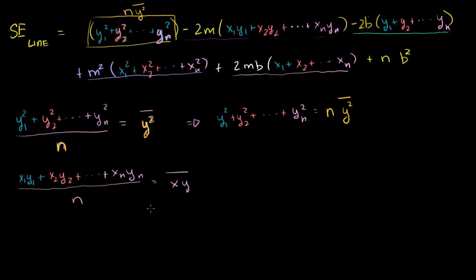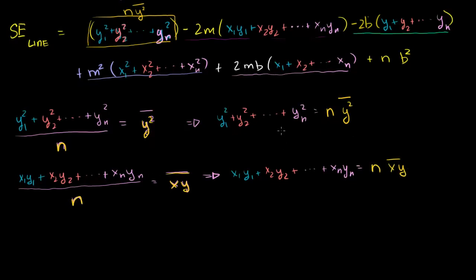That's exactly what this is. Once again, you multiply both sides of this equation by n, and you get x1 y1 plus x2 y2 plus all the way to xn yn is equal to n times the mean of the xy's.